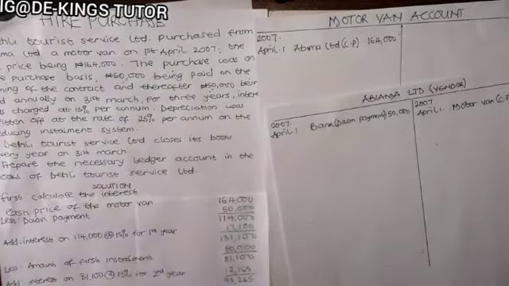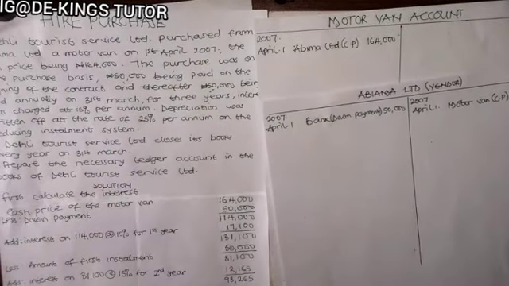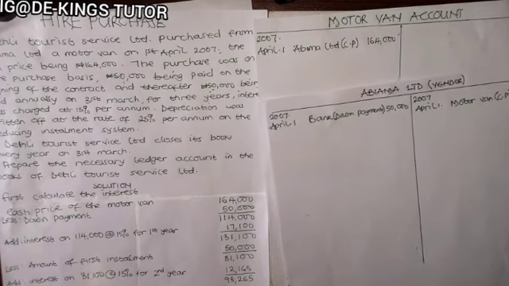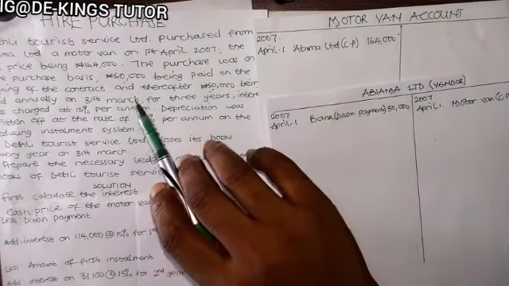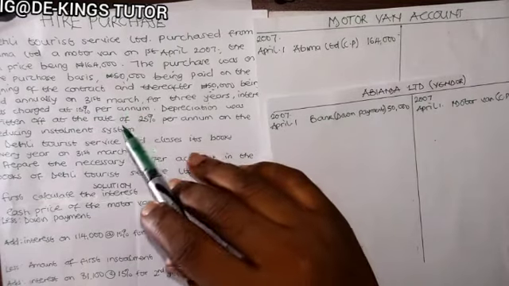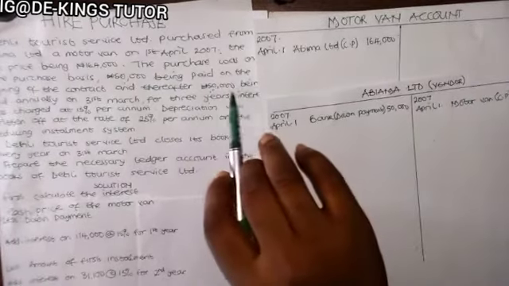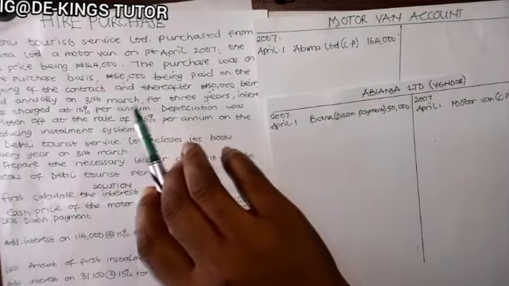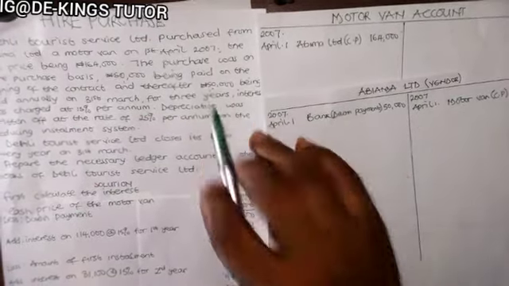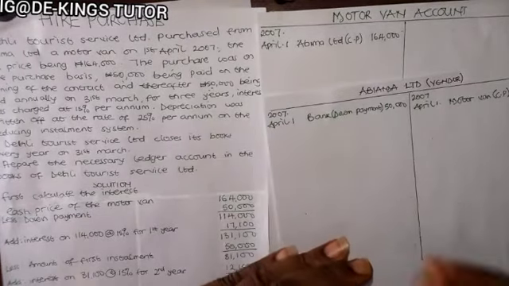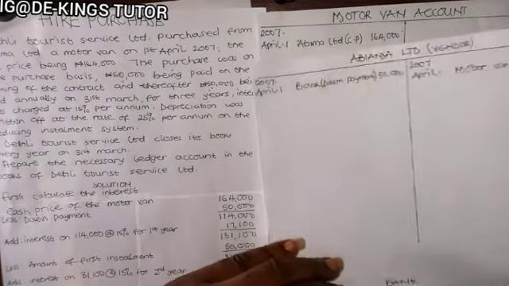So we are going to record the installment payment. They say 50,000 being paid annually on 31st March for 3 years. As they pay this installment with interest, we're going to record the payment.